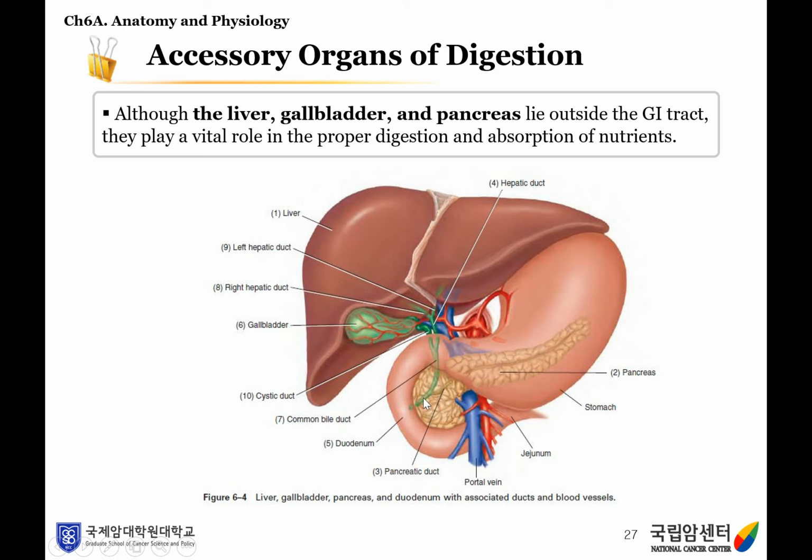And also you can see the pancreas, and in the pancreas there is a pancreatic duct. This pancreatic duct also goes into the duodenum, and you can also see the surrounding organs, the jejunum and stomach.